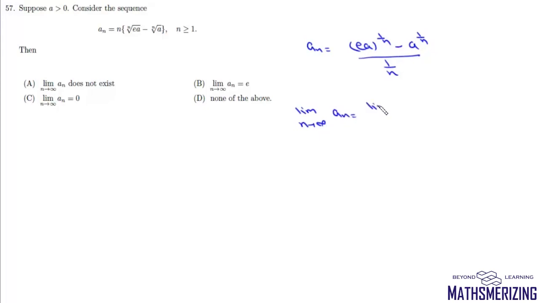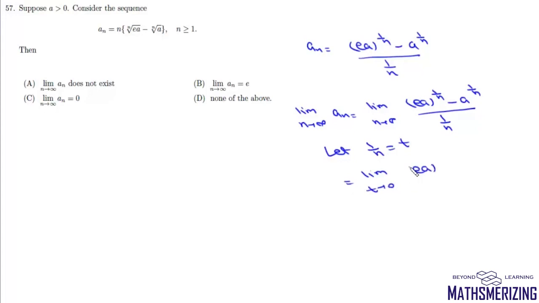So we can write this as limit n tends to infinity, and then ((ea)^(1/n) - a^(1/n)) upon 1/n. Now what we'll do is we'll let 1/n as t, then we can write this limit as limit t tends to 0, ((ea)^t - a^t) upon t.